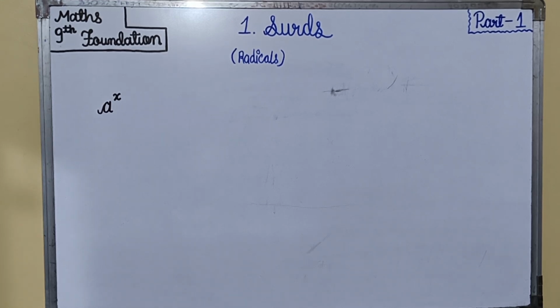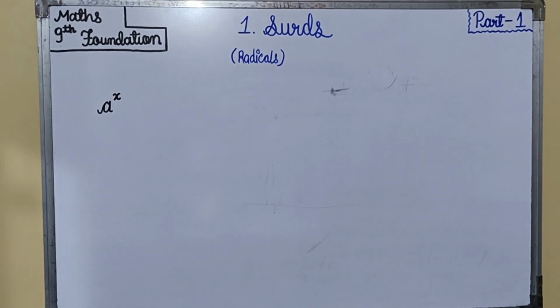Then there are the properties of rational numbers. First one is the sum of two rational numbers is always rational. Second is the product of two rational numbers is always rational. The properties of irrational numbers: first one is the sum of two irrational numbers is not always irrational, and second is the product of two irrational numbers is not always irrational.